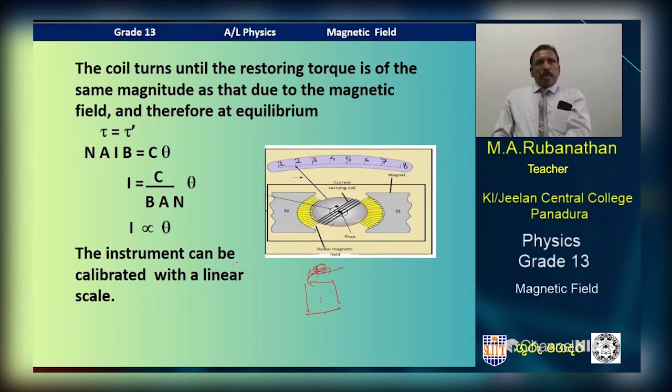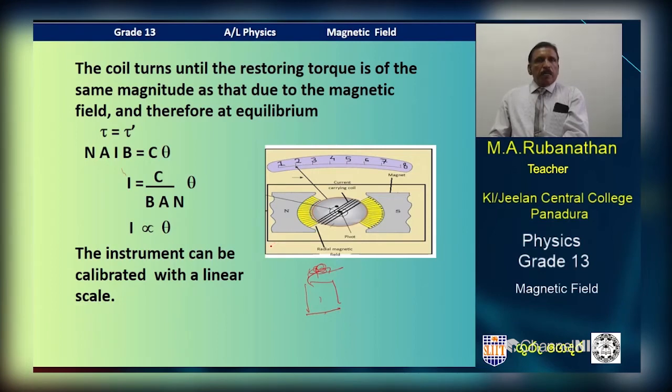So again we write tau is equal to tau dash. This one is NBIA, the torque created on the rectangular coil.